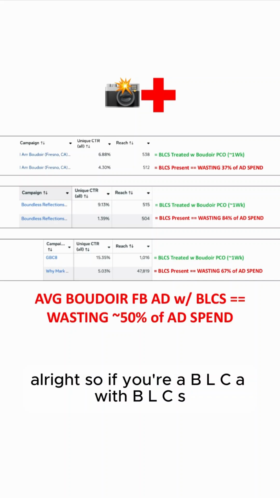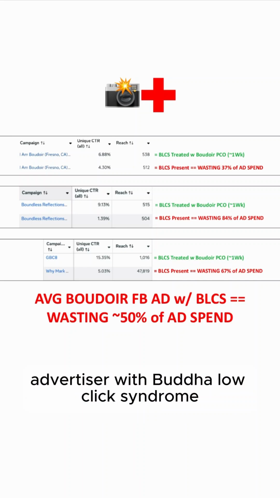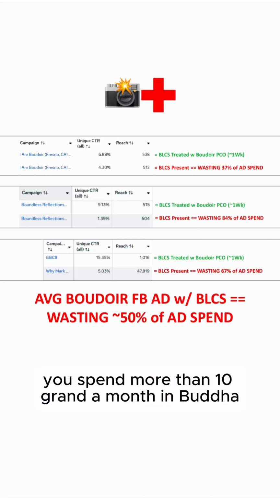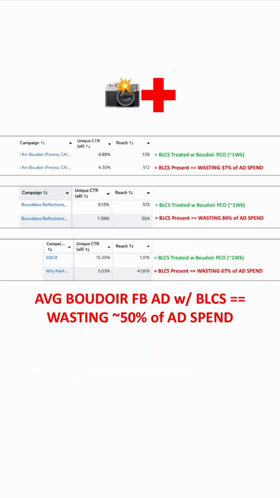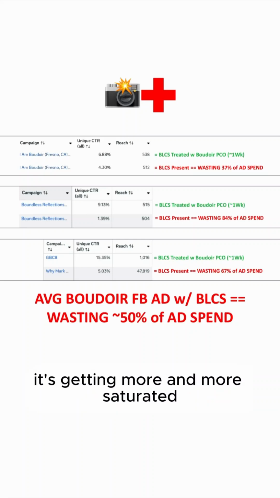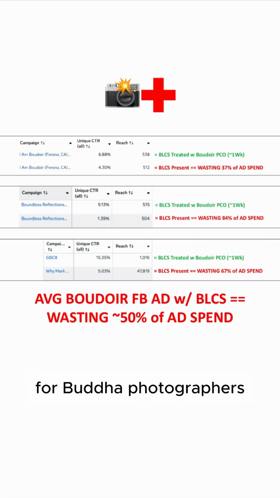All right, so if you're a BLCA with BLCS, so boudoir low click advertiser with boudoir low click syndrome, and you spend more than 10 grand a month in boudoir Facebook ads, and you're looking at the marketplace, seeing it's getting more and more saturated for boudoir photographers.